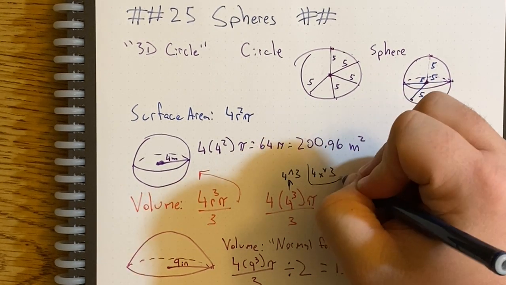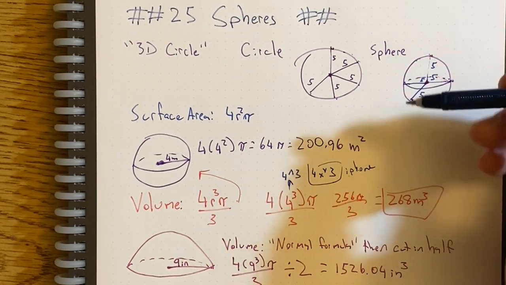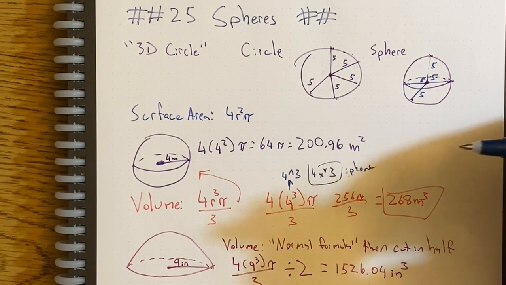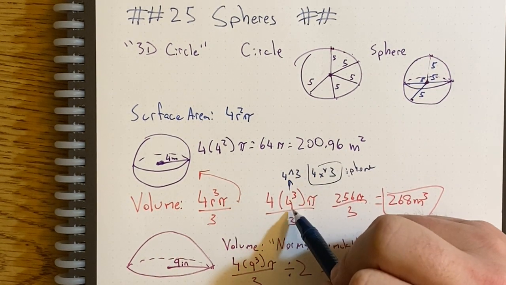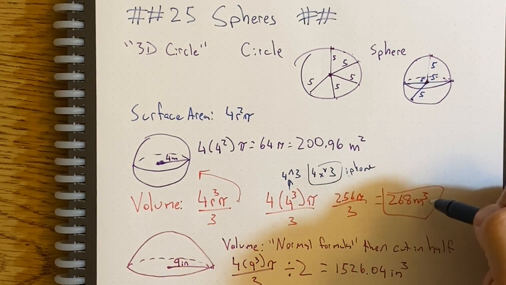That's how you do it on an iPhone. So I would urge you to use a normal calculator. It's a lot easier, but I realize not all of you probably grabbed one from school or have one at home. So 4 times 4 cubed pi divided by 3 is 256 pi over 3, which equals 268 meters cubed.